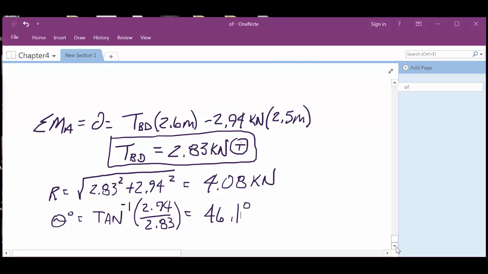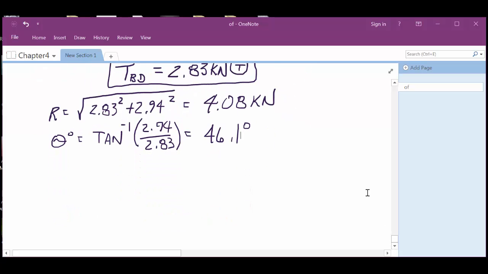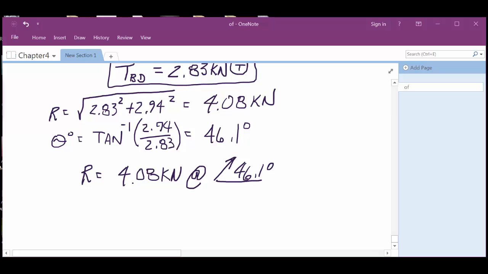But that's what it would be pushing. So your resultant force then at A would be 4.08 kilonewtons at 46.1 degrees in the first quadrant, if you will. That would be the rest of the answer.